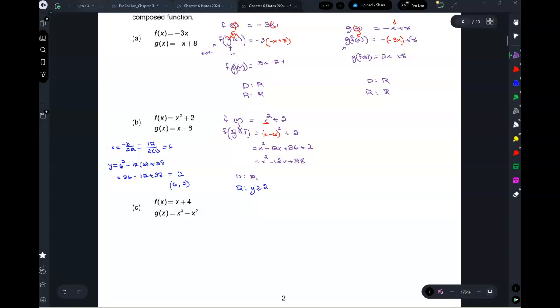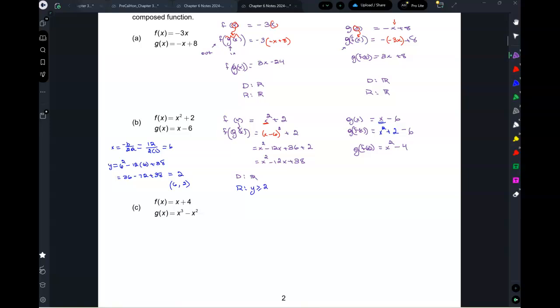Okay. Let's find g of f of x. Let's write down g of x. G of f of x, right? X is going to be replaced by f of x, squared plus 2 minus 6, x squared minus 4.